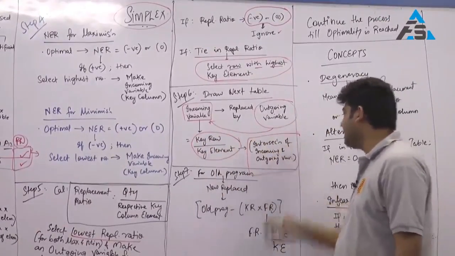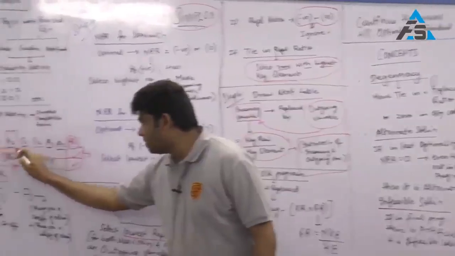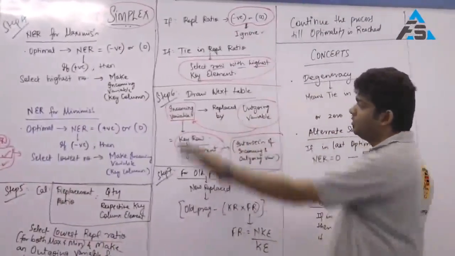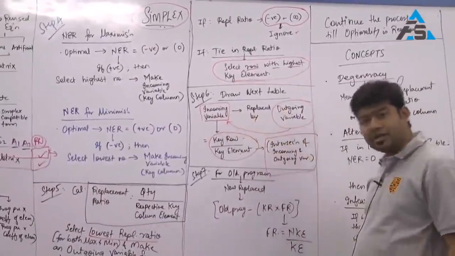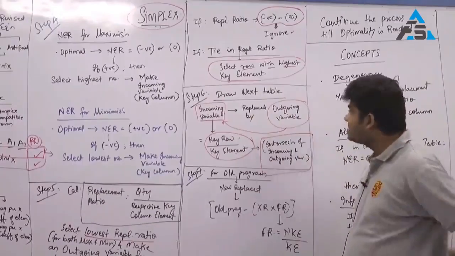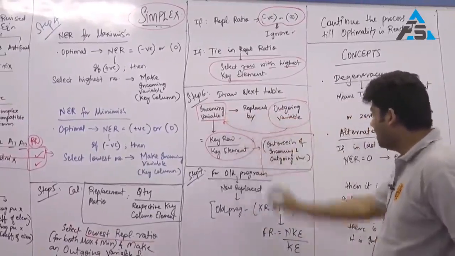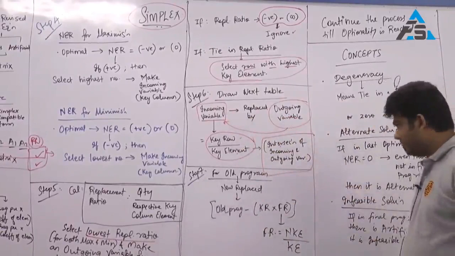Intersection of incoming and outgoing variable. So outgoing variable, incoming variable, there is an intersection. This is your key element, and key row we all know is your outgoing variable numbers. That becomes your incoming variable for the next table. So key row upon key element, the intersection of incoming and outgoing variables.